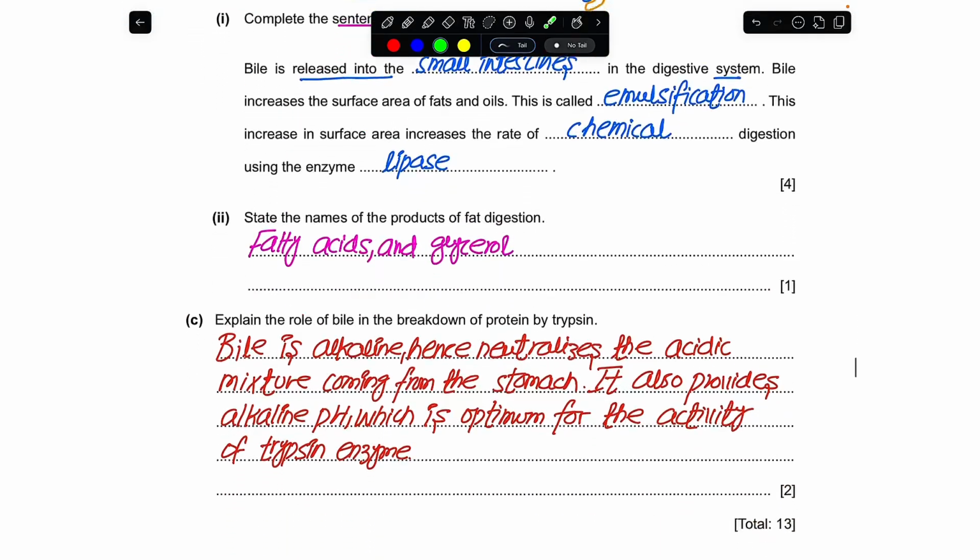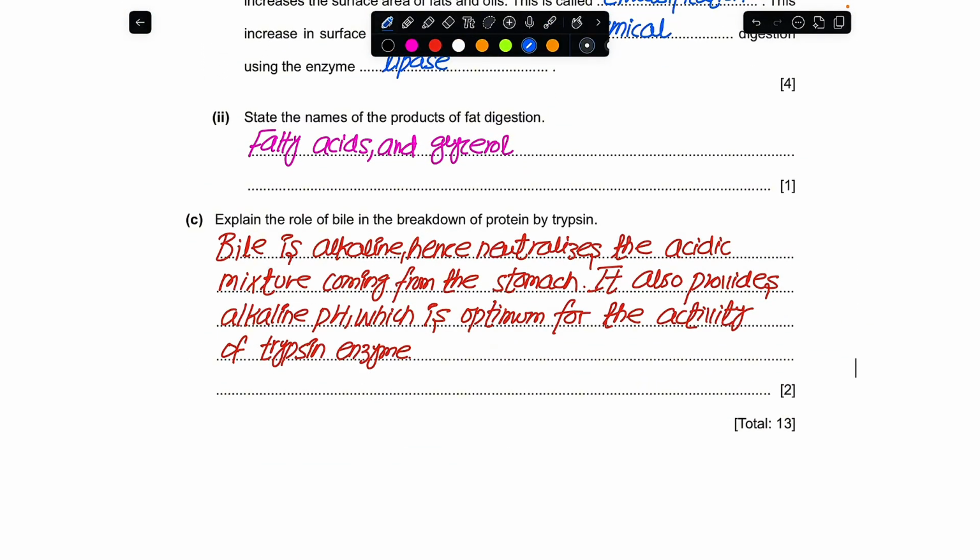For the last C part, they want us to explain the role of bile in the breakdown of the protein by the trypsin. Now, the trypsin enzyme works in the small intestine, and it has to break down the proteins, or the peptides, into amino acids. But this trypsin enzyme requires an alkaline pH. The food that comes from the stomach into the small intestine is in the form of liquefied food, that is chyme, and that is acidic in nature, having hydrochloric acid in it.